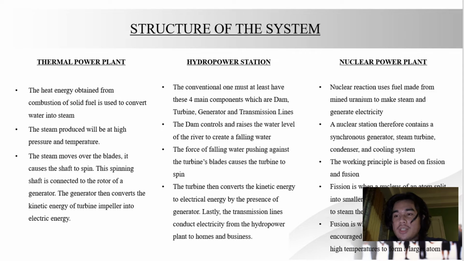Fission is when the nucleus of an atom splits into smaller components, releasing energy to turn water into steam. And fusion is when smaller atoms are encouraged to fuse at an extraordinarily high temperature to form a larger atom. I think that's all for the structure of the system.